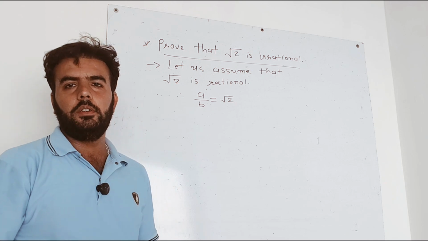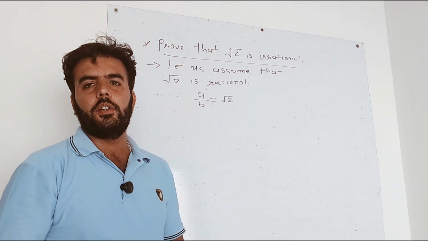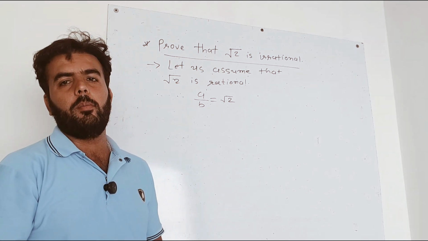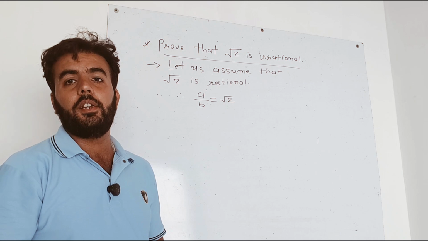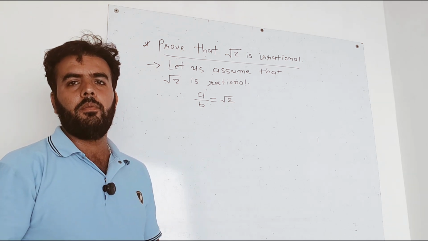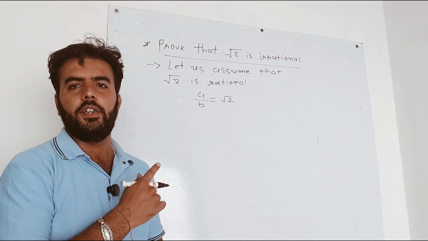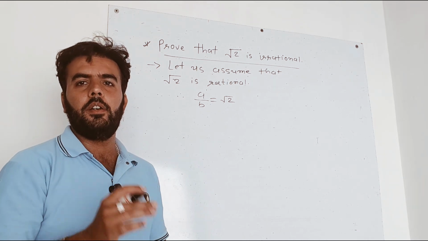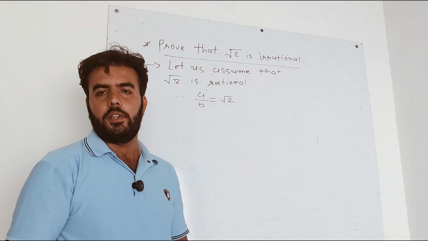But here the necessary condition is that there should not be any common factor between a and b except 1. This condition is so much important. If you do not cite this condition in this step, it will be an incomplete answer.